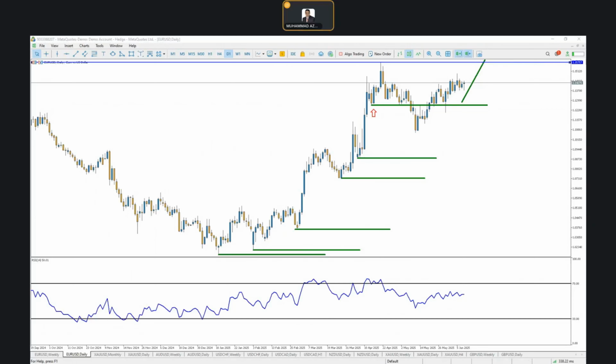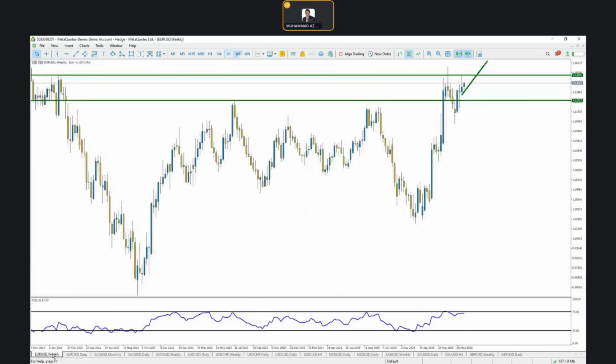So the Euro USD extended its rally after the NFP release, driven by expectations of a softening Fed. However, the pair is now nearing major resistance zones, and momentum indicators such as RSI are flashing potential overbought readings.